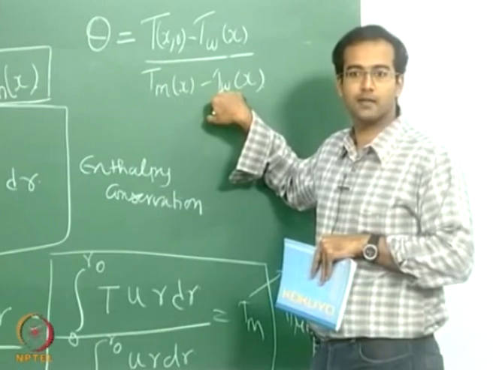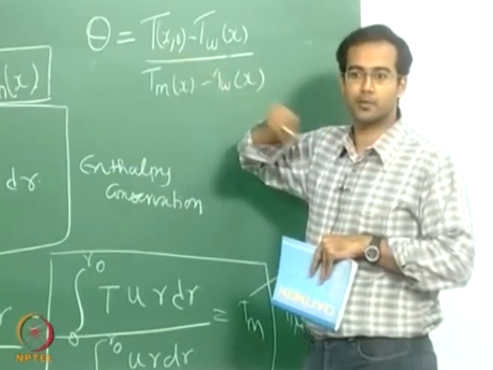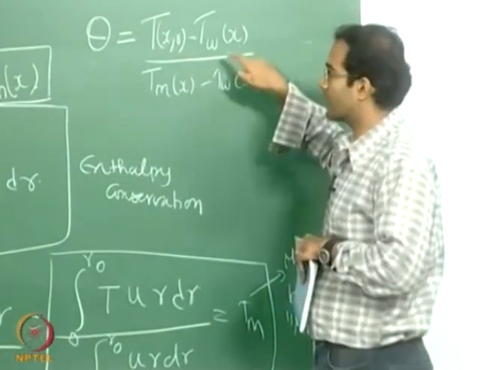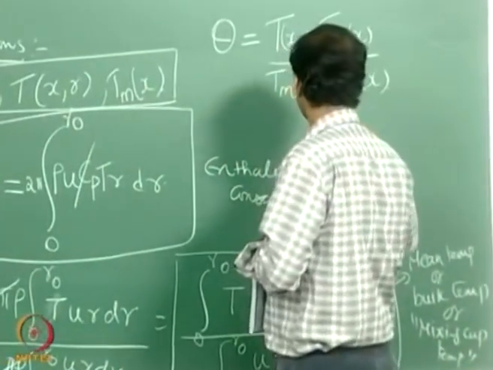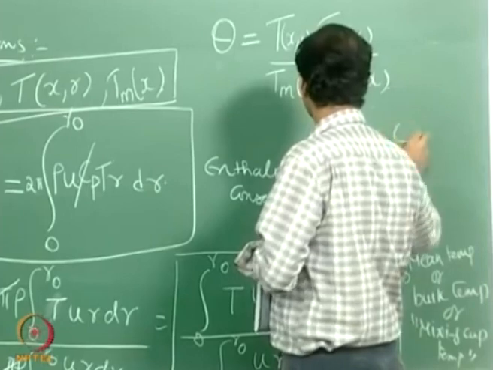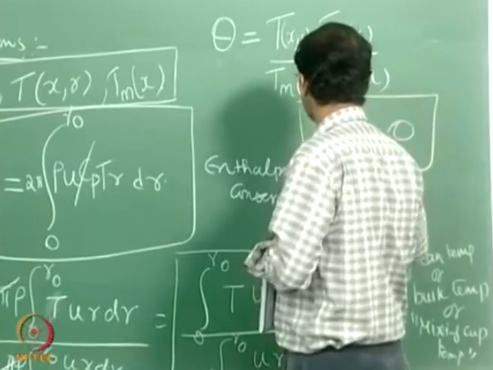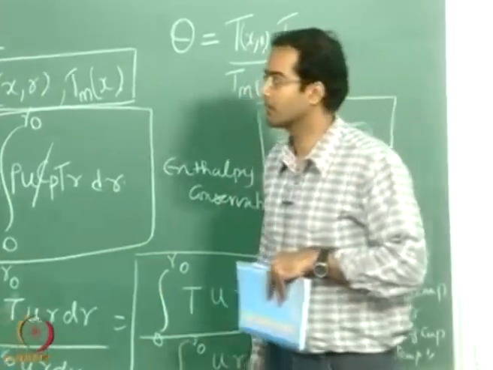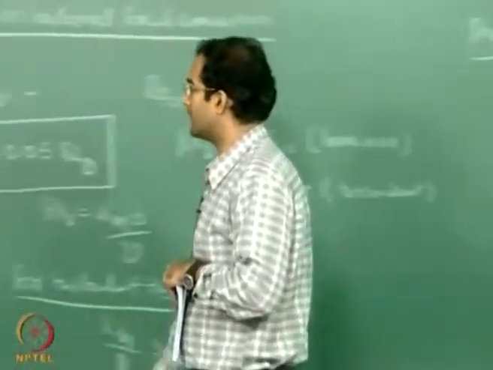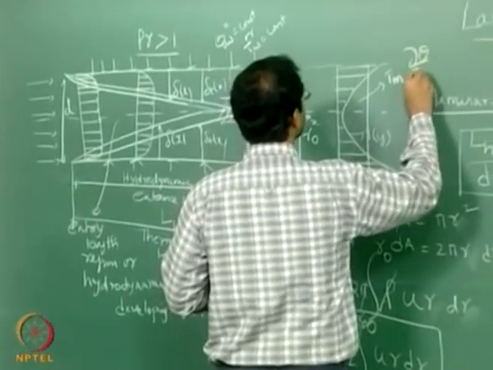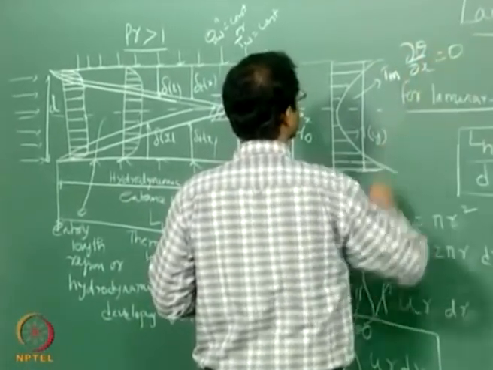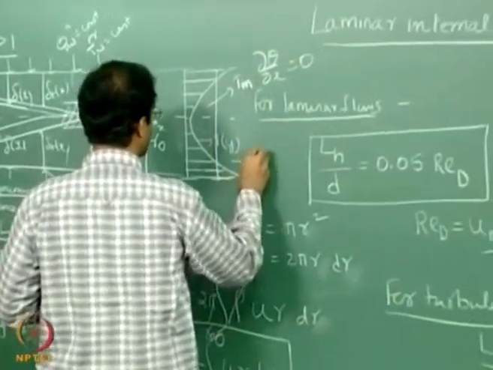So therefore there will not be any variation of theta with respect to x. So the condition for defining thermally fully developed flows will be d theta by dx should be equal to 0. Once I identify that region where my d theta by dx is equal to 0, I can call that a thermally fully developed region.